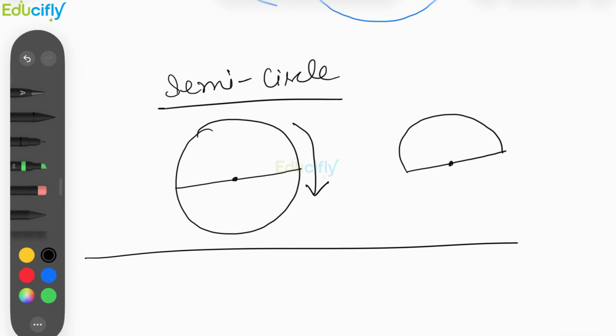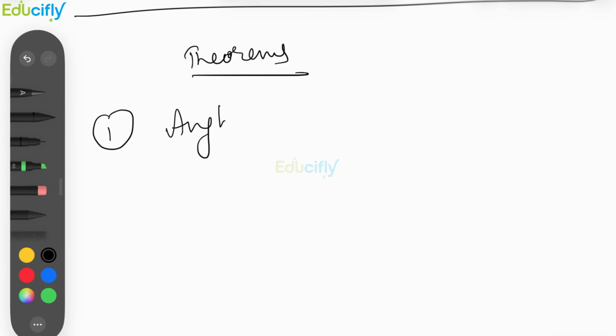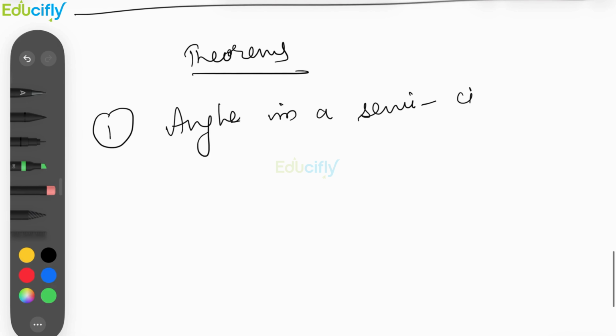All right, let's start with the properties now, or we can say the theorems. The first theorem is based on a semicircle only. That is called angle in a semicircle.